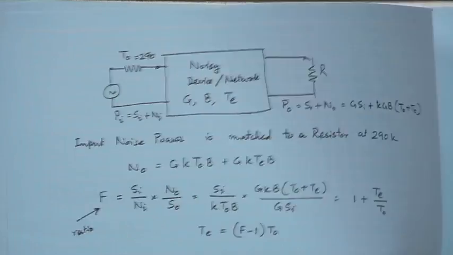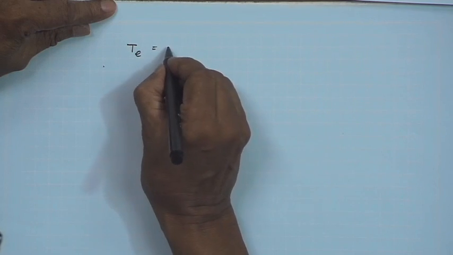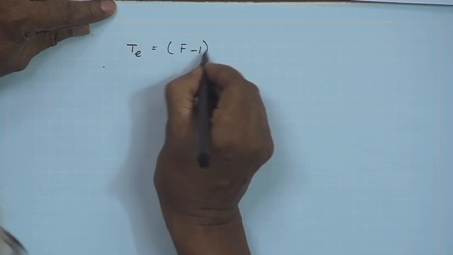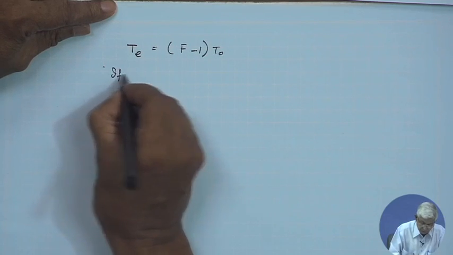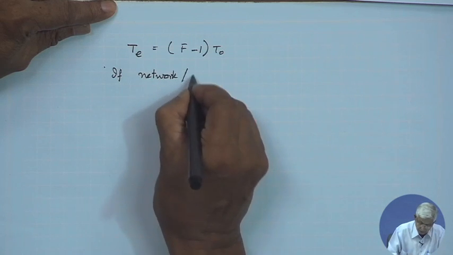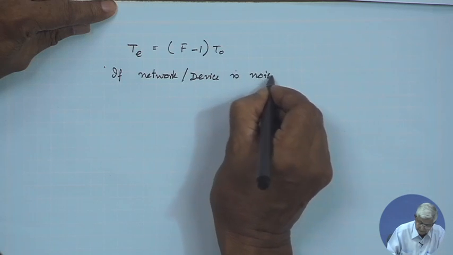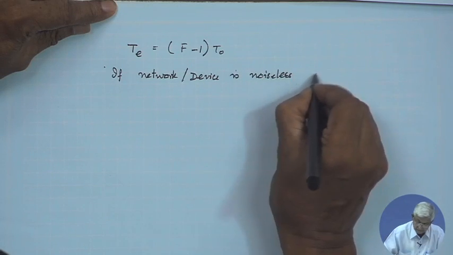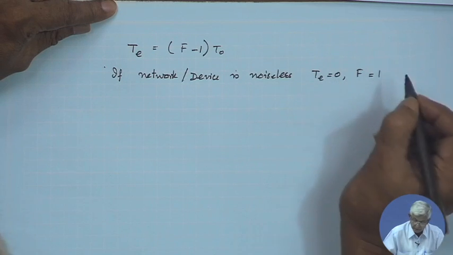So we should write Te is equal to F minus 1 into T0. So if the network or device is noiseless, then Te is equal to 0 and F is equal to 1.